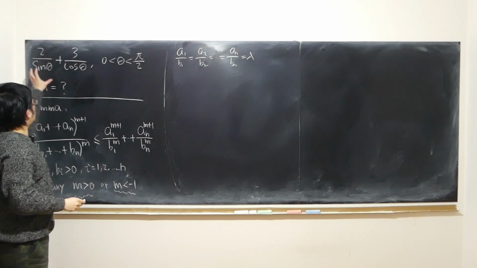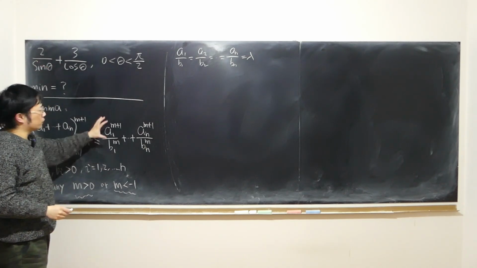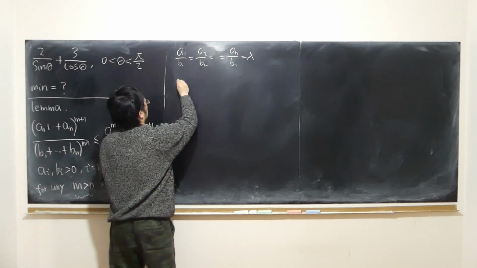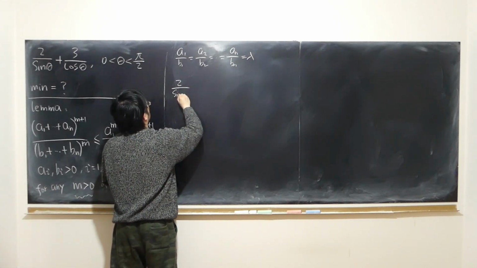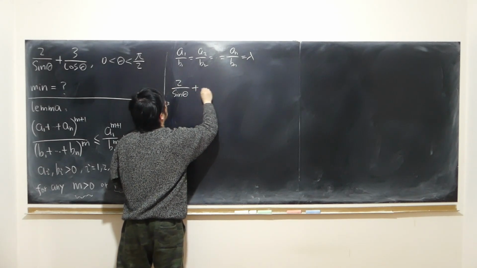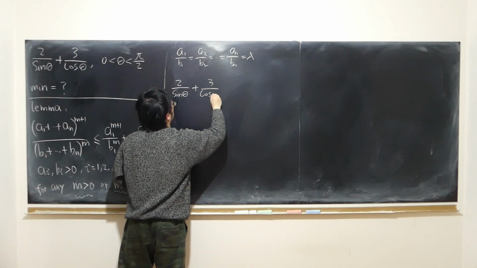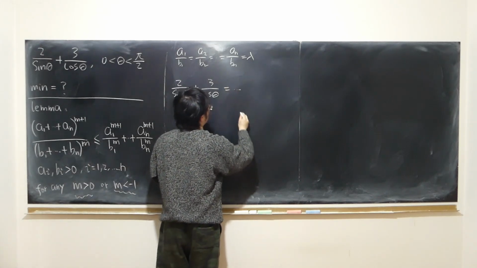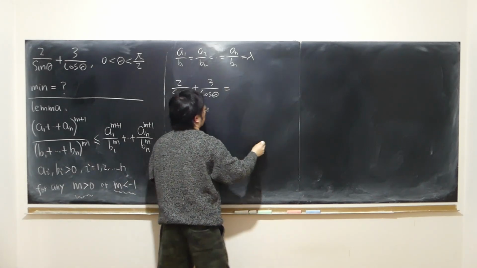So right now, how can I apply this inequality to find the minimum value of this? How can I perhaps rewrite this original expression into some nicer form?